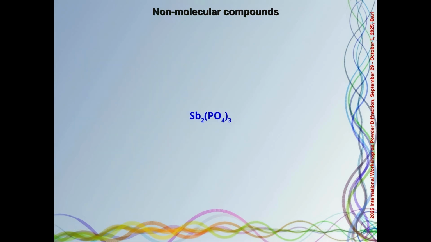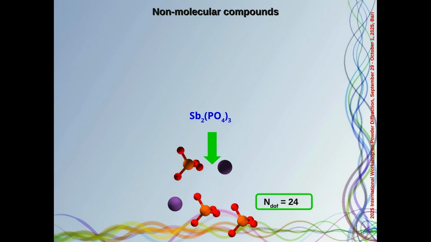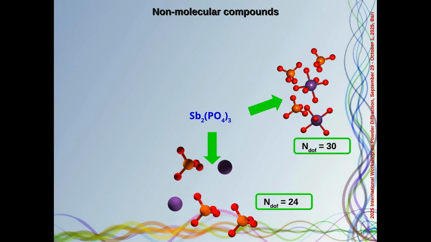So in general, the approach is to describe the compound as a combination of isolated atoms and coordination polyhedra. For example, I can describe this compound as a combination of three tetrahedra of phosphate and two isolated antimony atoms. Or if I have the information that the geometry around the antimony atoms is octahedral, I can introduce this information.